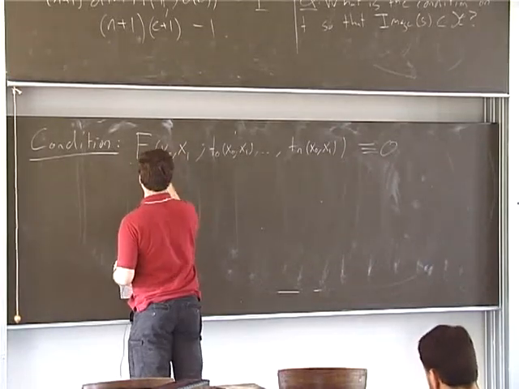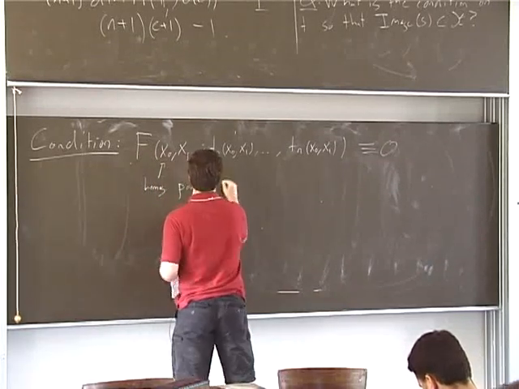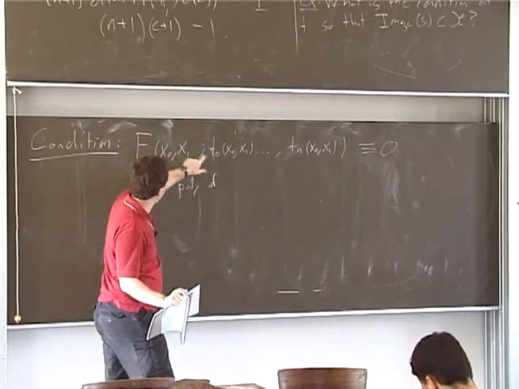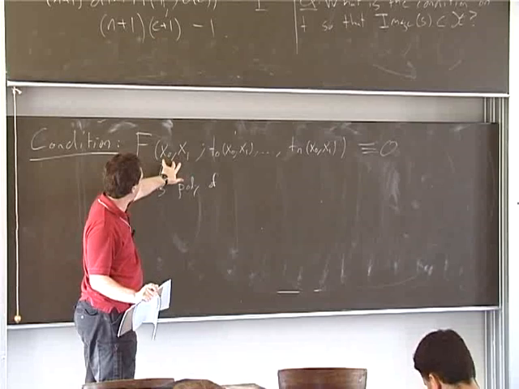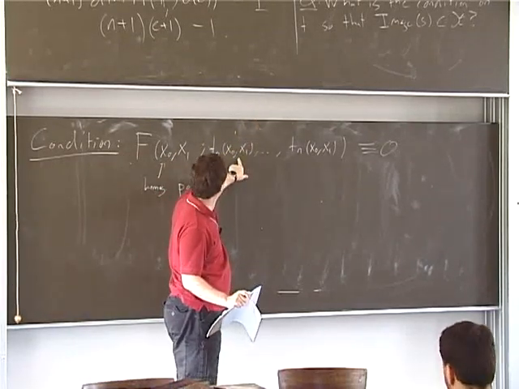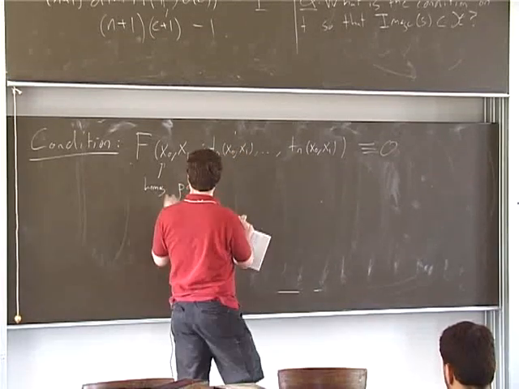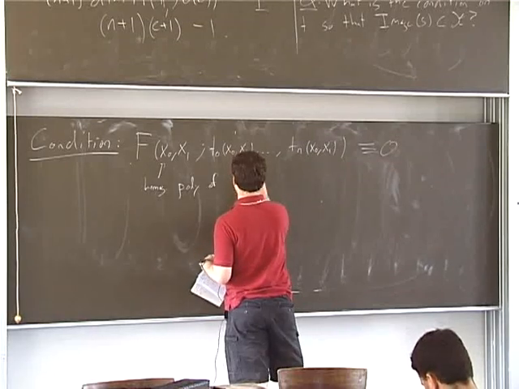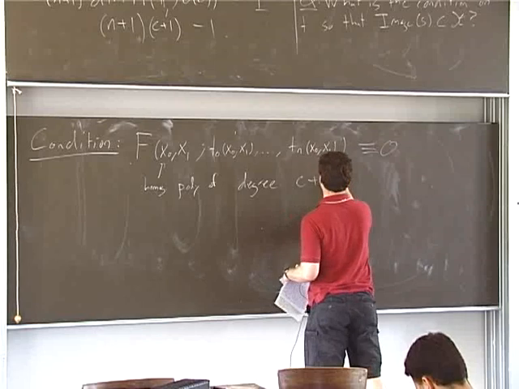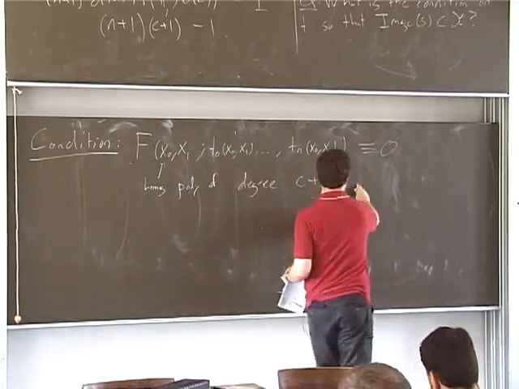This is a homogeneous polynomial. So this F was a homogeneous polynomial of bidegree c, d, which means every monomial has c of the x0, x1s and d of the y0 through yns. But now for each of the y0 through yns, we're plugging in a homogeneous polynomial of degree e. So the total degree of this thing is a homogeneous polynomial of degree c plus d times e in x0, x1.